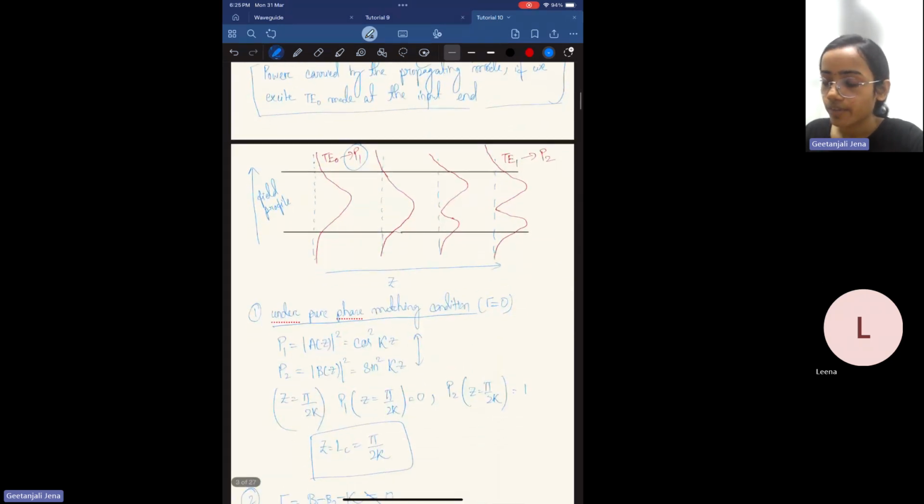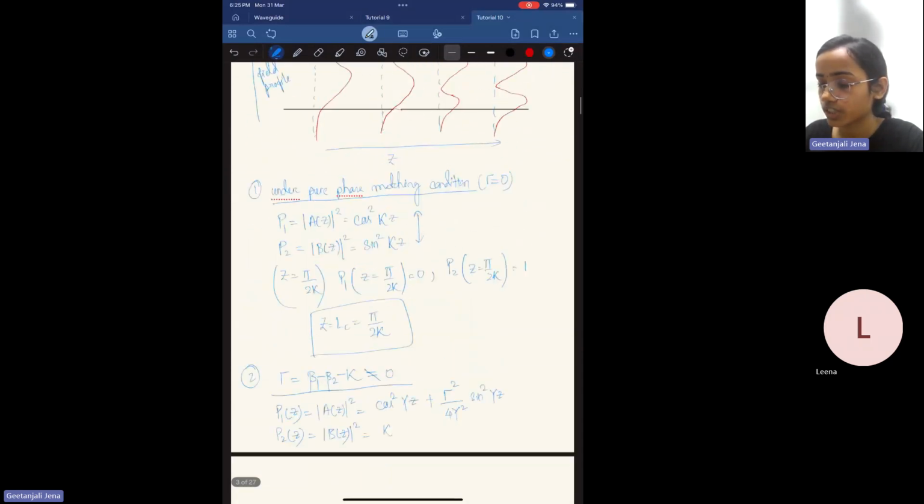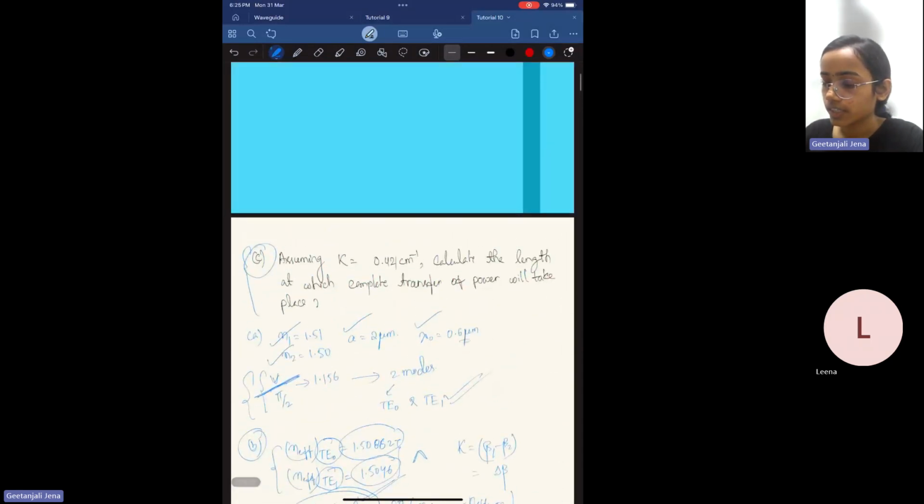The part that we haven't covered is the last part. The question was asking, assume that kappa, the coupling coefficient, is given as 0.421 centimeter inverse. Then calculate the length at which the complete transfer of power will take place.